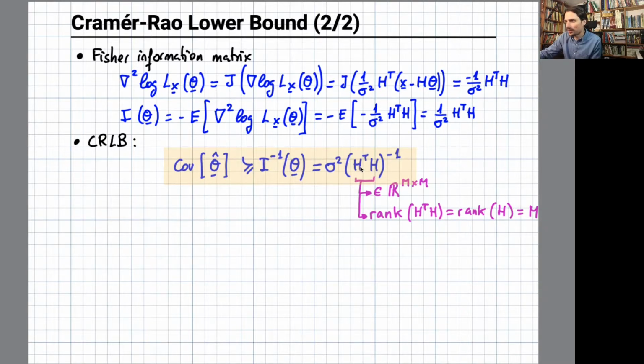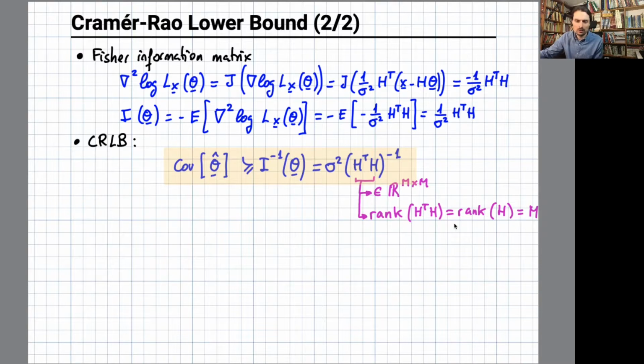And the rank of this product is also, by linear algebra facts, equal to the rank of H, right? And we said that our assumption is that the rank of H equals m. Therefore, HᵀH is an m by m matrix with rank m, and therefore it is full rank. It is invertible, right? So everything is okay.